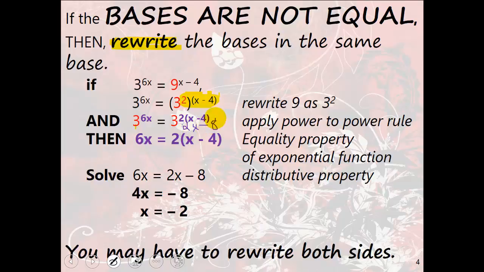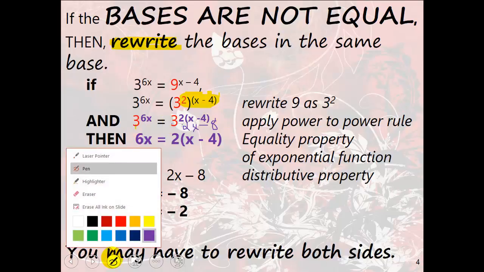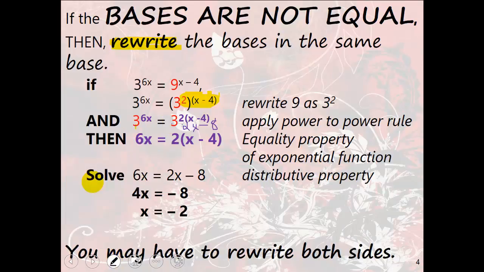Okay? So if these two bases are the same, I have the 3 and the 3, and I have an equal sign, then this exponent has to equal this exponent. So 6x has to equal 2x minus 8. Okay? I'm going to solve it. I'm going to subtract 2x from both sides.